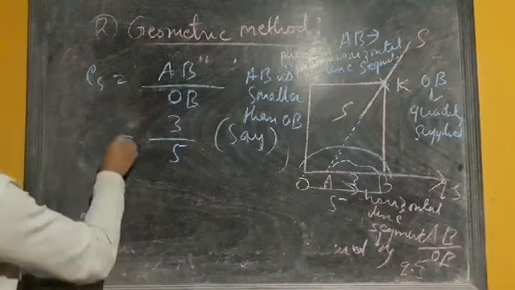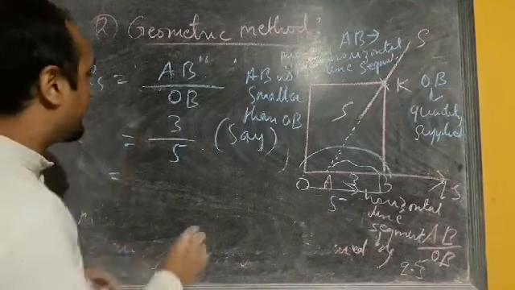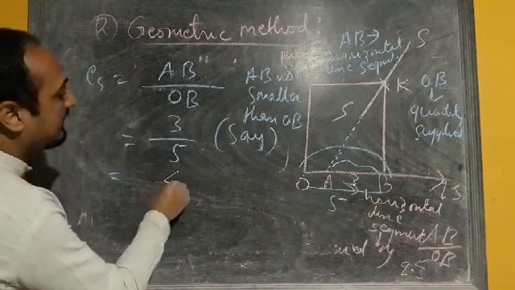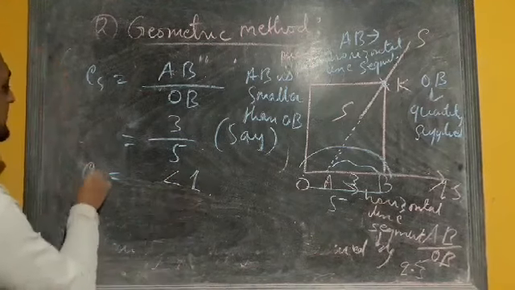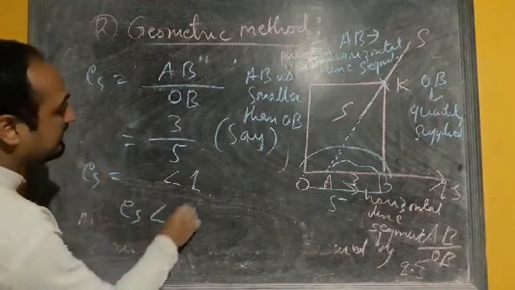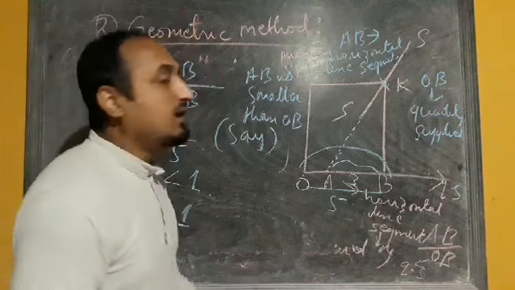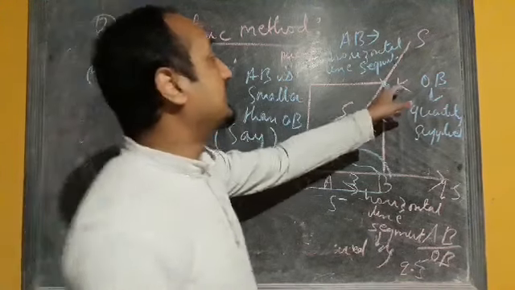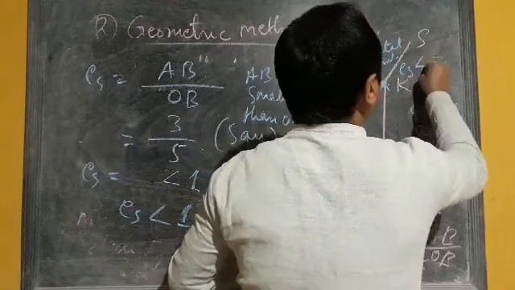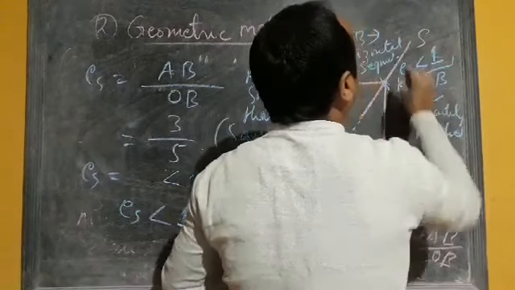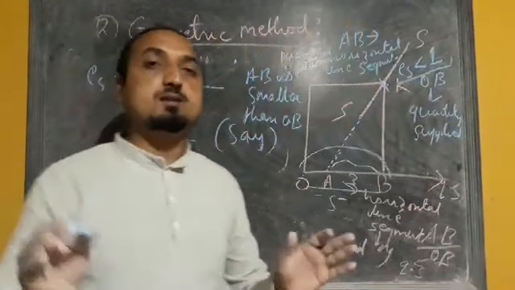When we divide 3 by 5, we get less than 1. So we can say that ES will be less than 1. When we calculate the elasticity of supply at point K, the elasticity of supply will be less than 1.